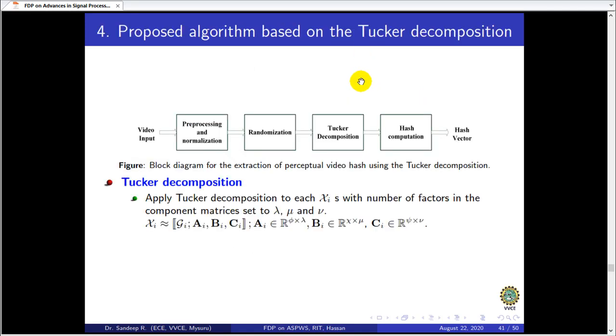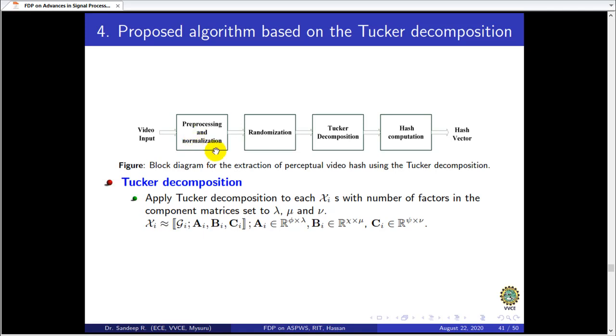Using this, the input video is pre-processed and normalized. When I say pre-processed and normalized here, we are converting RGB to gray, spatially resizing and temporally subsampling to obtain the video as a cube. This video is now being treated as a third order tensor, and we are using a secret key to obtain n different overlapping subtensors.